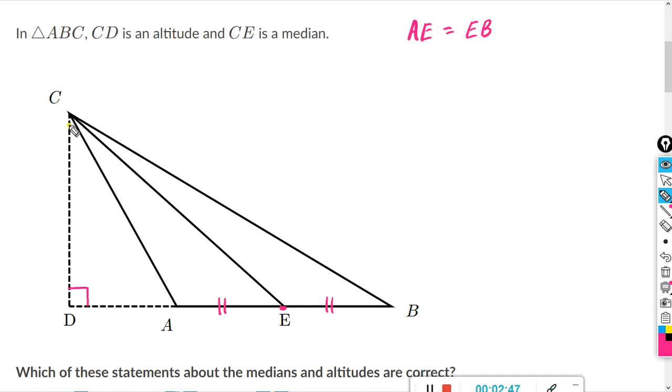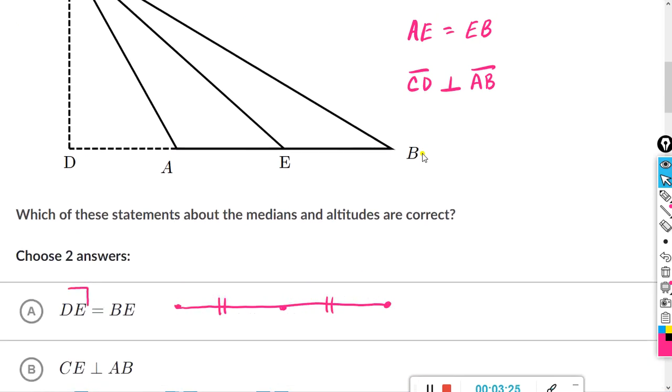And the perpendicular part, CD is perpendicular to DB. In their answers, they're probably not going to say DB. They're probably going to say AB because they're probably going to use the side of the triangle, AB. So let's say CD is perpendicular to AB. Remember the symbol for perpendicular, it's an upside down capital T.